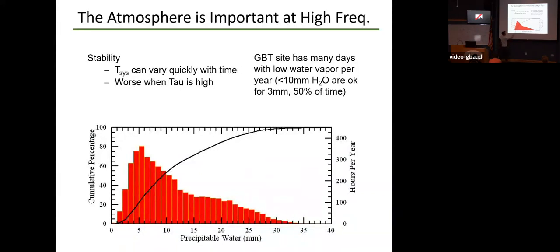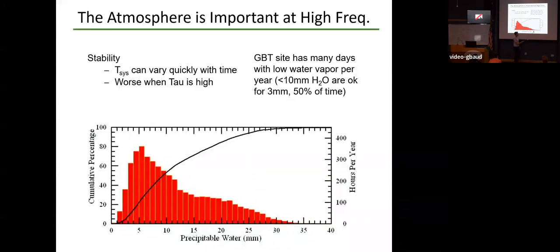This red curve is for Green Bank and black is a cumulative percentage, so basically just adding up each of these things across. You can see that our peak is around 5 millimeters. So we have some really good high frequency weather, mostly in the winter, whenever water vapor is frozen out of the atmosphere. But we have a pretty wet tail.